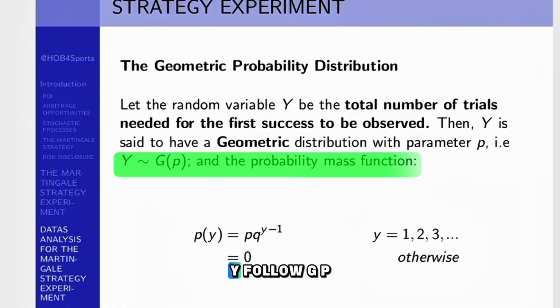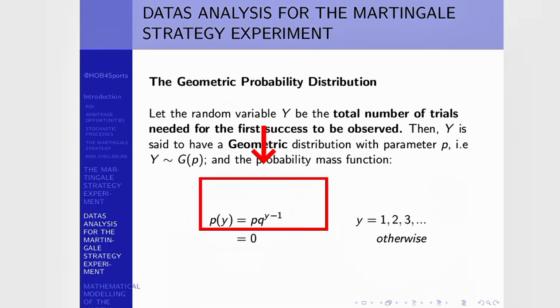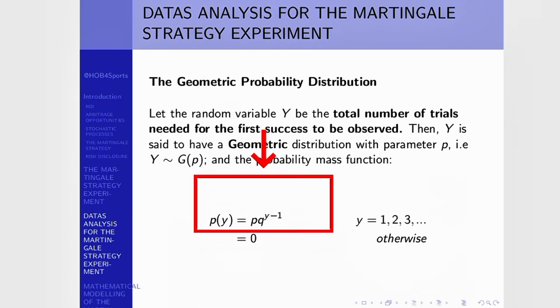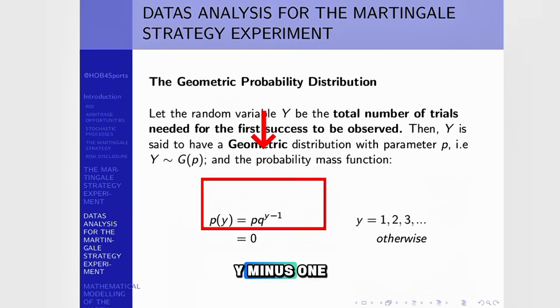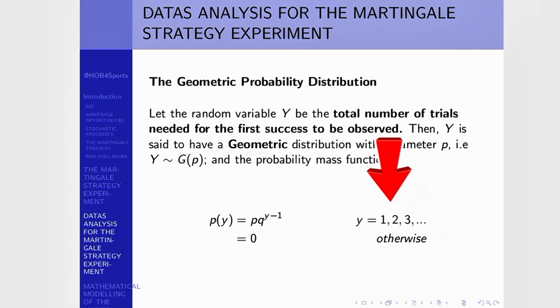That is, y follows G(p), the geometric probability distribution, and the probability mass function is given by p(y) is equal to p q to the power y minus 1, for y is equal to 1, 2, 3, 4, 5, etc. Otherwise, p(y) is equal to 0, as you can see here.